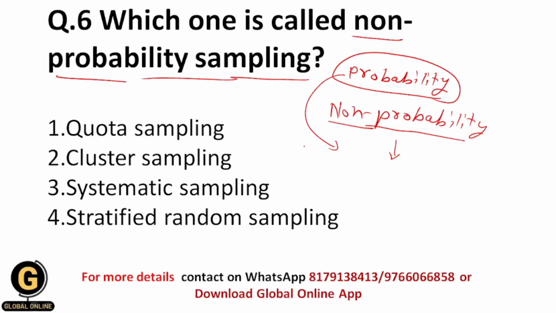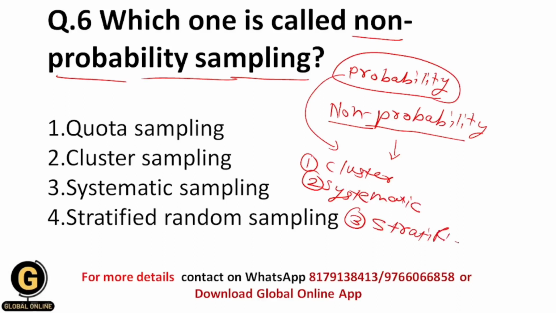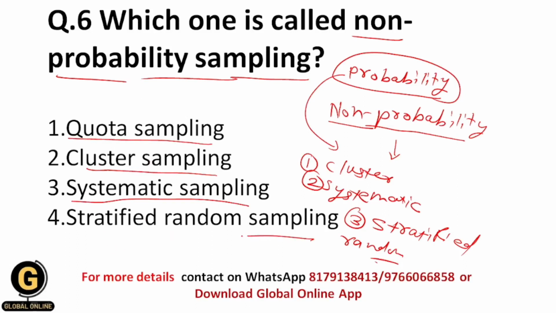There are basically three types of probability sampling. First is cluster sampling, second is systematic sampling, and the third one is stratified random sampling. Let us see the options. First is quota sampling, second is cluster sampling, third is systematic sampling, fourth is stratified random sampling.